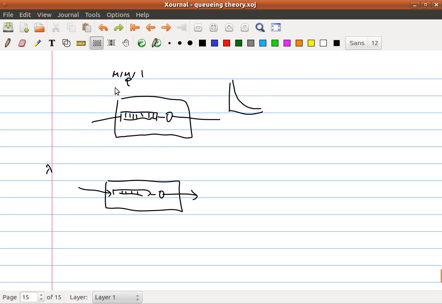But let's say we even have these assumptions, that the arrival statistic is Poisson, and the packet lengths are exponentially distributed. Now, instead of having one queue, let's say the packet goes through this server, and after it's processed, the packet goes into another queuing system, and again the service time will be proportional to the length of the packet.